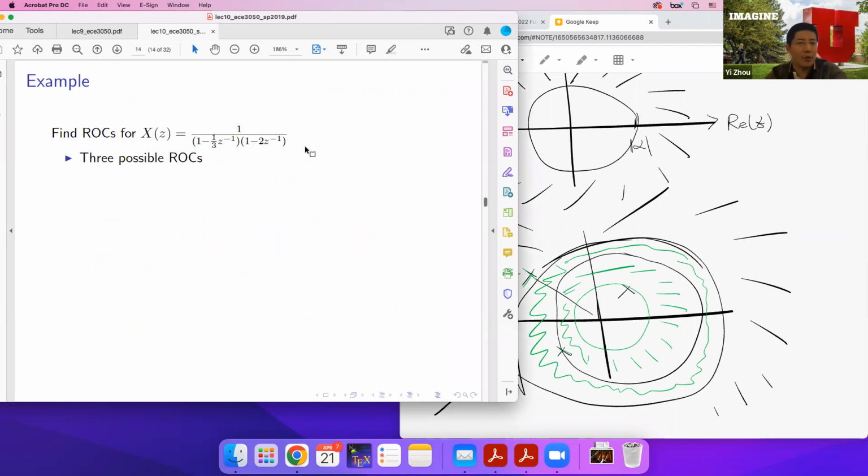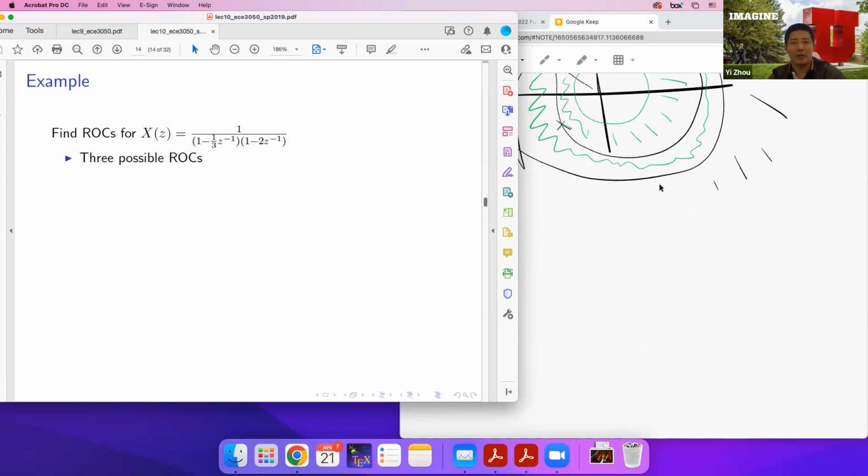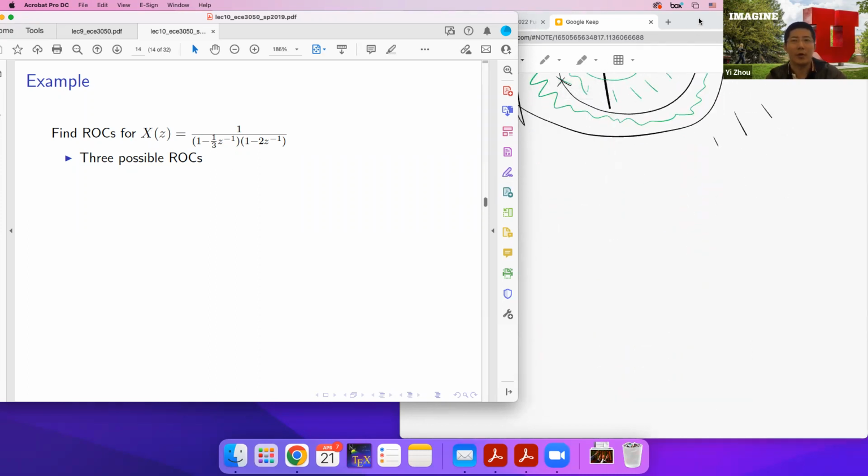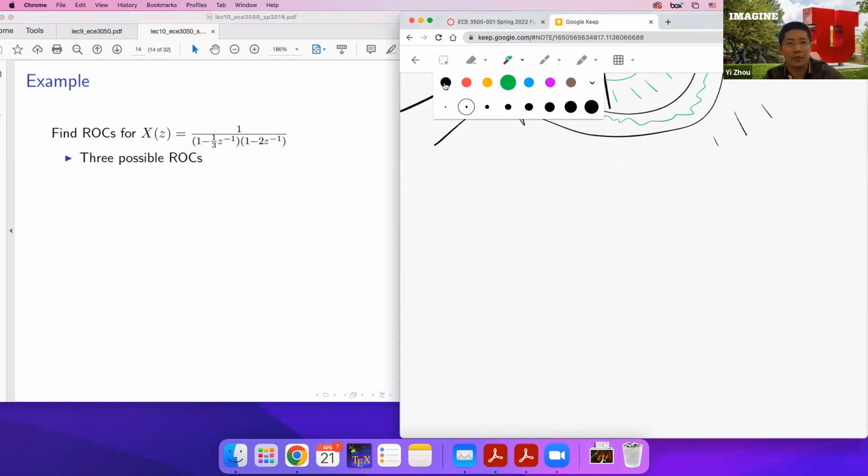And this is an example where we are given a Z transform, but not specifying the ROC. So we can discuss different possibilities for the ROC and their corresponding signals. In this case, we first find the poles of this Z transform.